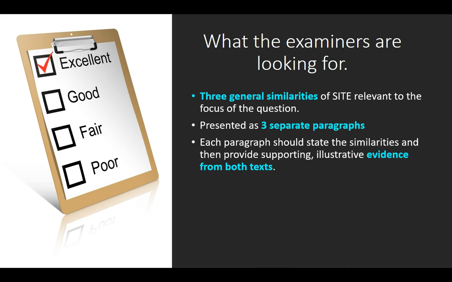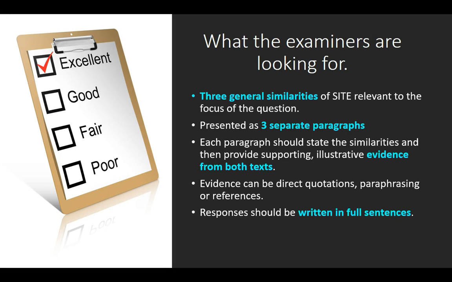Each paragraph should begin by stating the general similarity and then providing supporting illustrative evidence from both texts. That evidence could be direct quotation, it could be paraphrasing of an idea or a theme, or it could be a reference to a particular event. Your responses need to be written in full sentences, and you need to use comparative vocabulary.